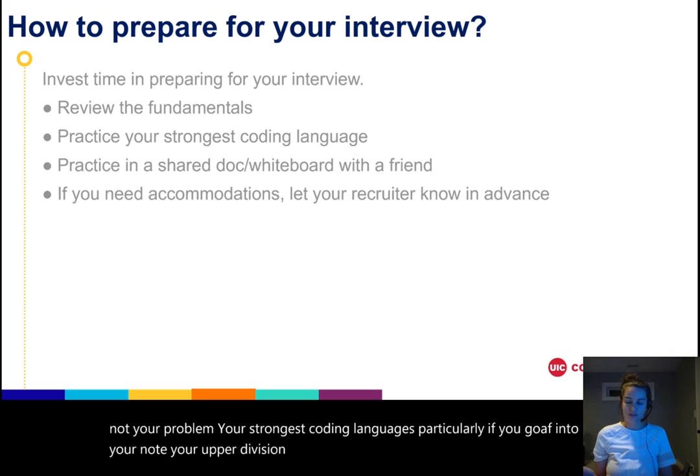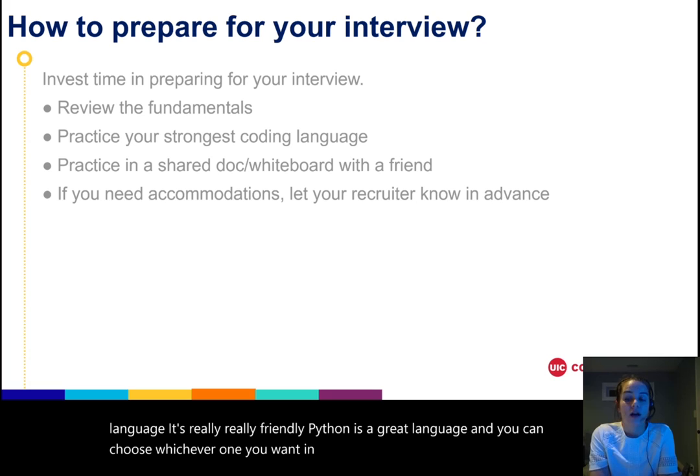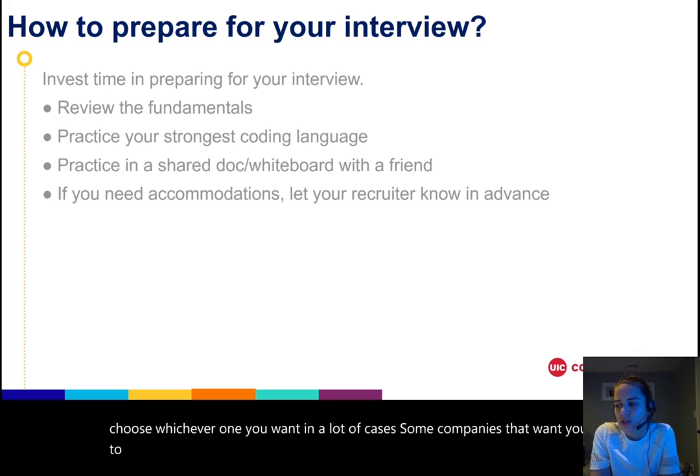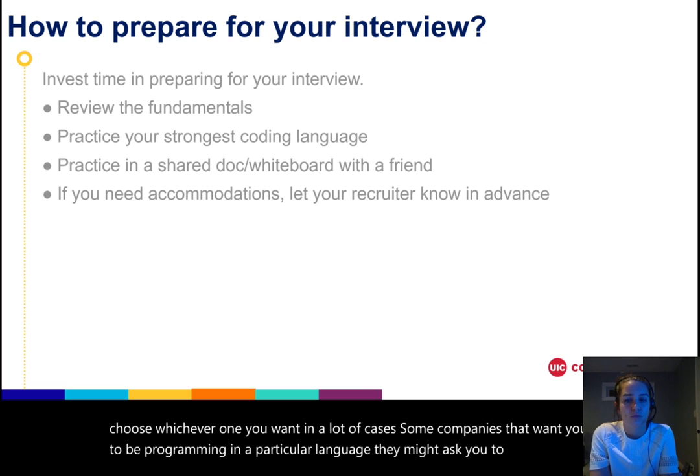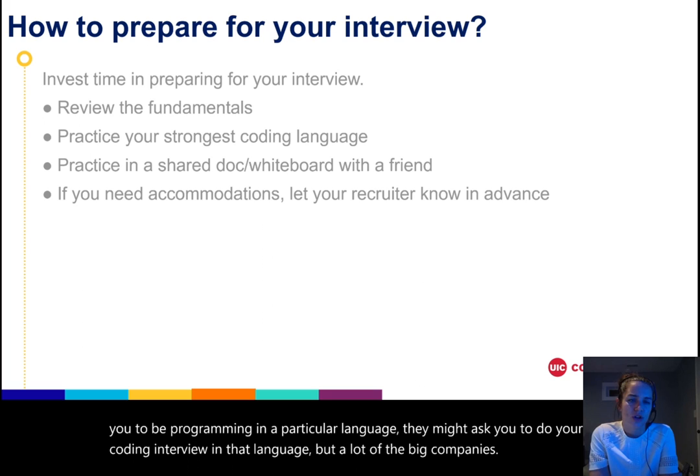If you start using Java, Java is a really great language. It's really, really friendly. Python is a great language, and you can choose whichever one you want in a lot of cases. Some companies that want you to be programming in a particular language might ask you to do your coding interview in that language, but a lot of the big companies are going to let you choose your strongest.